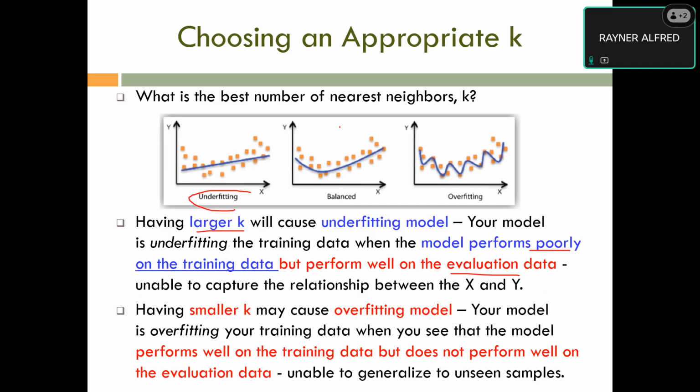We also could have a smaller K. Smaller K means your line will follow the data points closely. So smaller K means you imagine this one is trying to go to the right position because they only have a few samples that they need to fulfill.